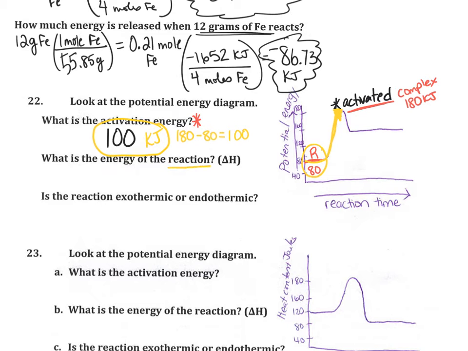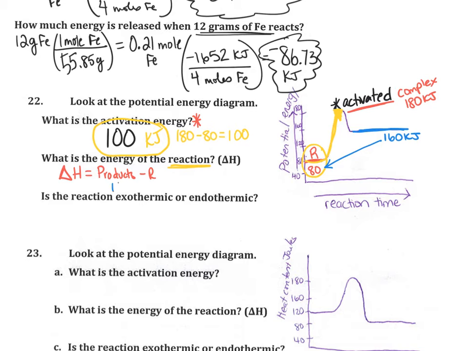Now, what is the energy of the reaction? So what I want you to remember here is that when we're looking at a PE diagram, the energy of the reaction is the products minus the reactants. Okay, so we're going to look here. Here's our products. Looks like our products have about 160 kilojoules of energy, and our reactants we had identified as 80.